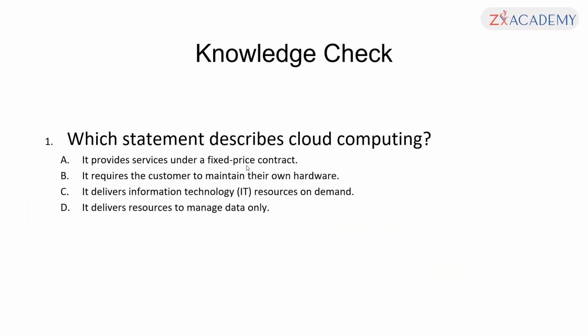Only one option is correct here, so choose only one, the one that is closest. Fixed price contract. Customer maintains their own hardware, that would be if you're using infrastructure as a service. Delivers information technology resources on demand. Maybe C. Let me just say C. Great, that is correct. It delivers IT resources on demand.